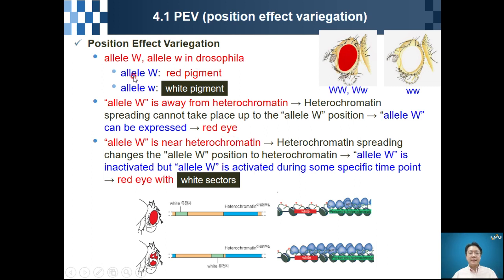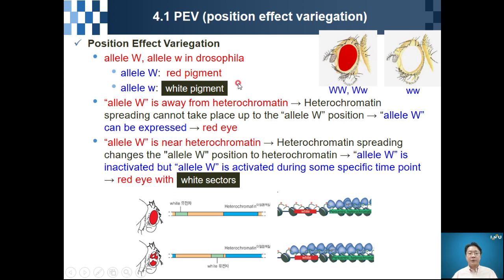If the allele large W is expressed, it exhibits red pigment, and when the allele small w is expressed, it will exhibit white pigment.